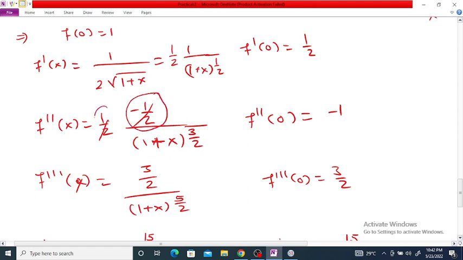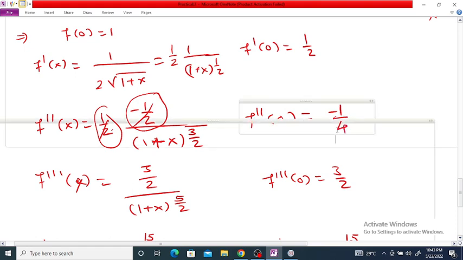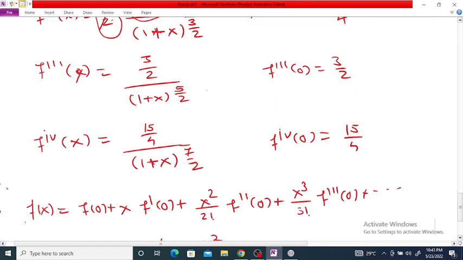It is 1 by 2 into 1 by 2, it is minus 1 by 4. And if you want to multiply here, minus 1 by 4, this is equal to minus 3 by 8. And here if we multiply minus 1 by 4, we get minus 15 by 16.